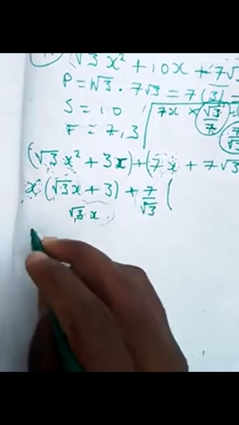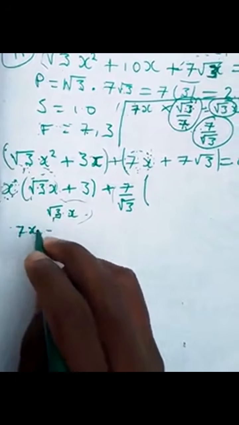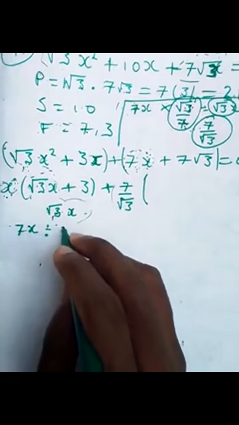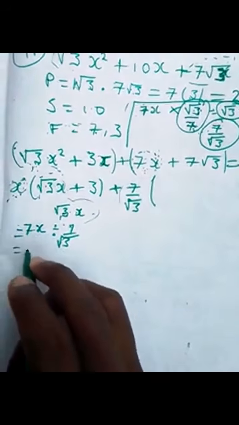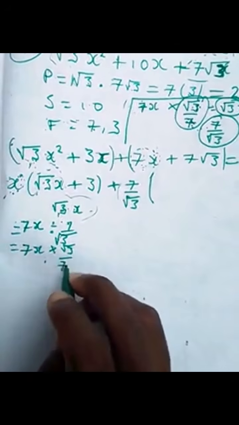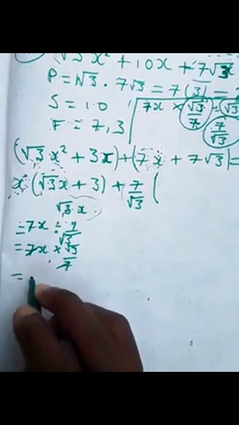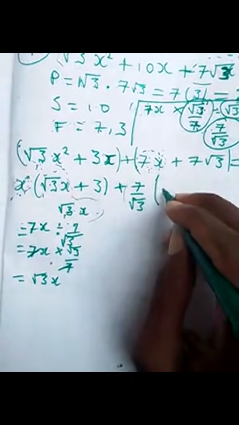So it's like we are saying 7x divided by 7 over 3 over square root of 3, which can also be written as 7x times square root of 3 over 7. This and this will cancel, right? So I have square root of 3x, which is what I'm going to write here.